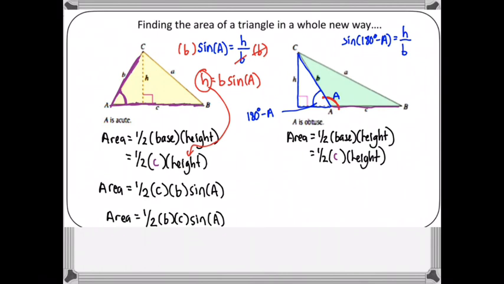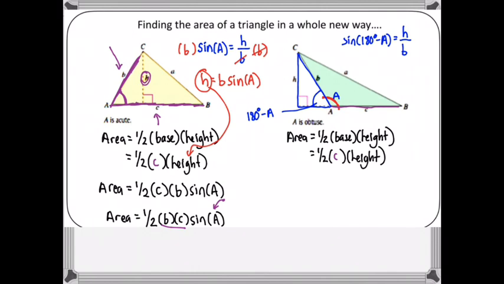So angle A would be an included angle, and the sides that make the angle are B and C. If you take half of their product times the sine of the included angle A, that's going to give us the area of that triangle. Notice that the need to solve for h is gone, which is nice because, again, angles and sides are easier to find than the height.